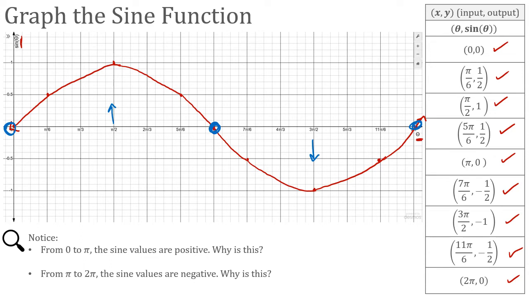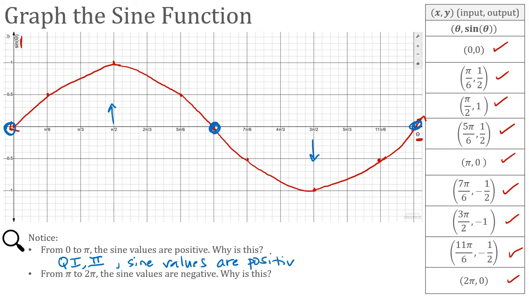Why is that? Well, that is because these values come from the unit circle. From 0 to pi is quadrant 1 and quadrant 2, and we know that in quadrant 1 and quadrant 2, the sine values are positive.